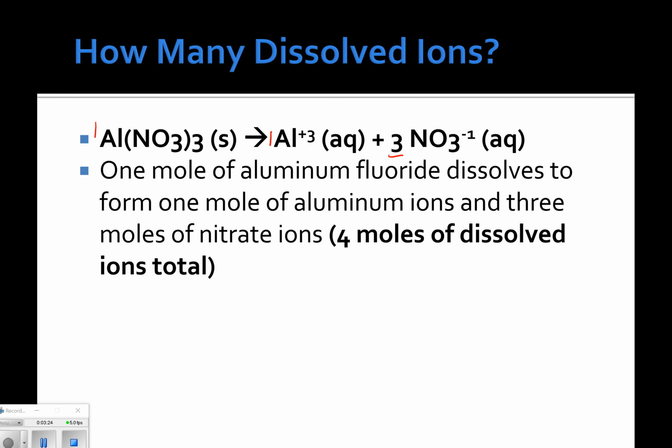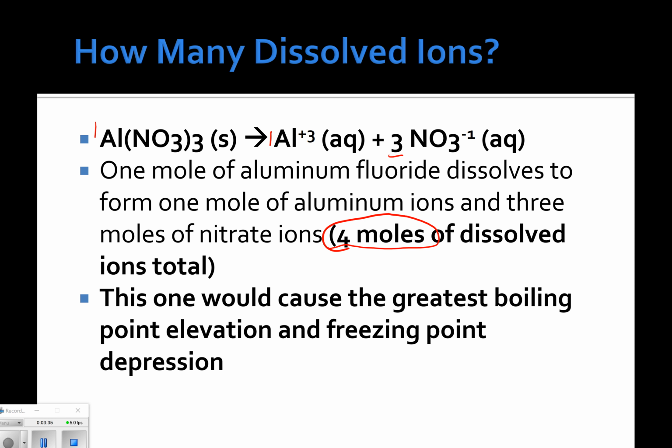Now, the greater this number gets, the more it's going to affect the freezing point and the boiling point of the resulting solution. In this one, dissolving a mole of aluminum nitrate is going to have the greatest effect on the boiling point and freezing point of the resulting solution because there are more moles dissolved into that solution.